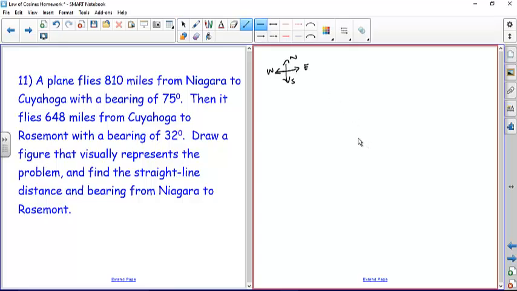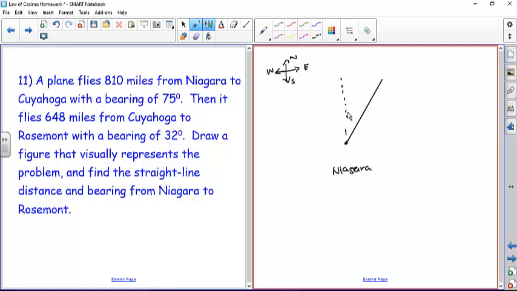So we're going to start here at Niagara, and 75 degrees is going like that. So this is the starting point. This is Niagara. So this angle is 75 degrees.